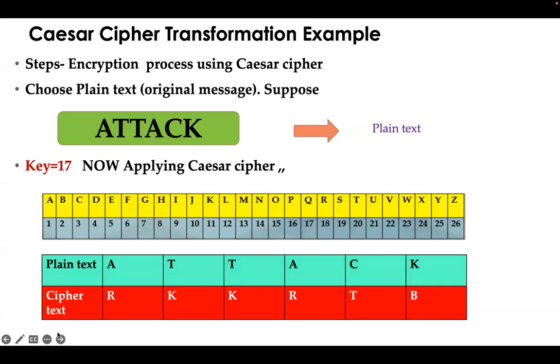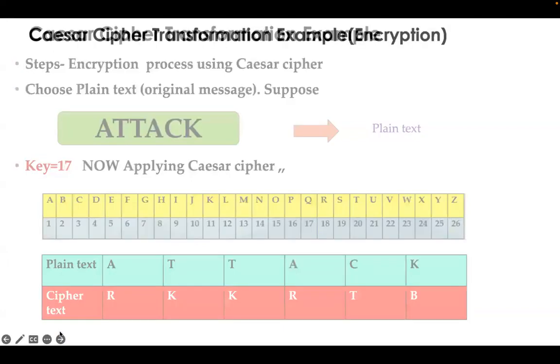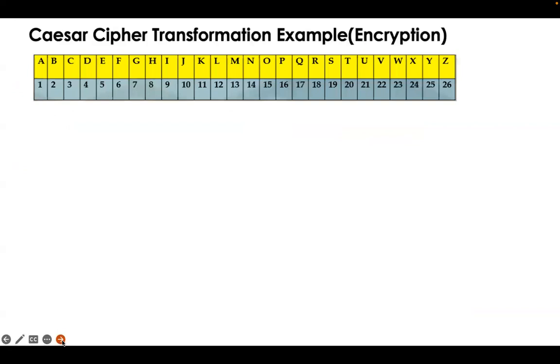Let's explain more deeply. First, we have our alphabet and our index number, which is A for 1, B for 2, and similarly Z for 26. And we have some methods for our encryption.